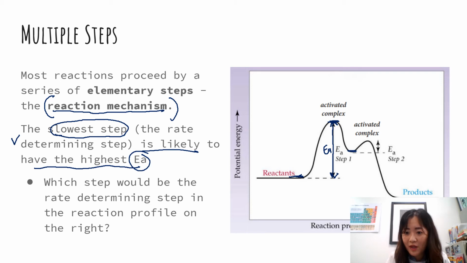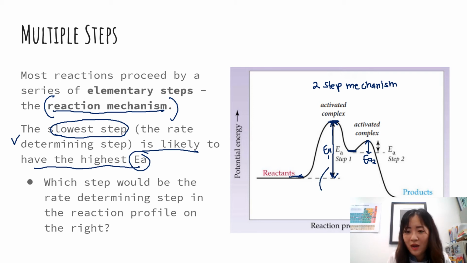And then from here to here, there's another activation energy right there. So we have EA1 and we have EA2, right? And what this profile is showing us is this is a two-step mechanism that we have, meaning two steps, right? And then for our very first step, there is a really high activation energy. And for the second step, we have a small activation energy.